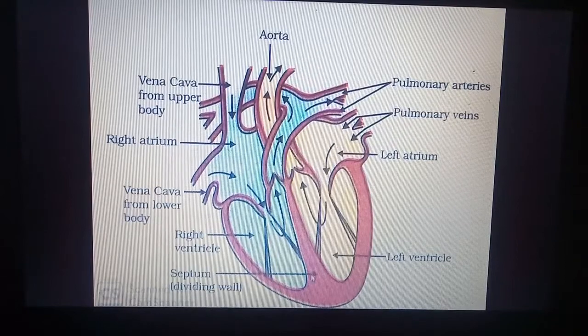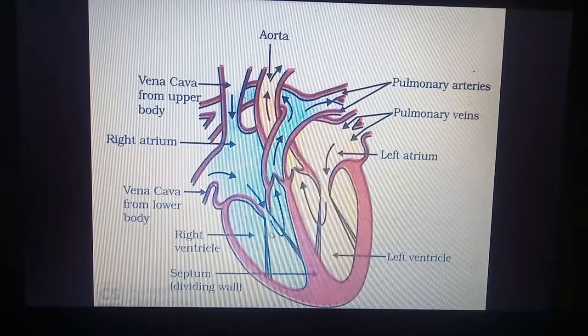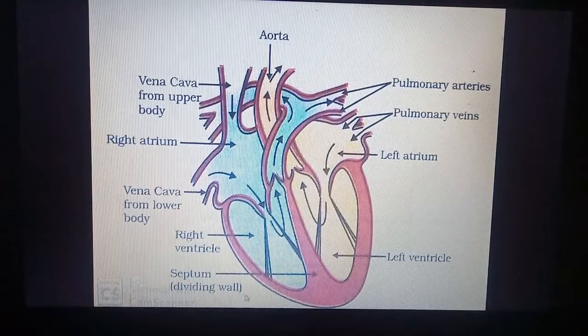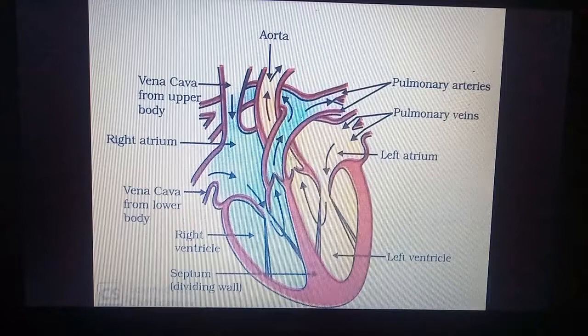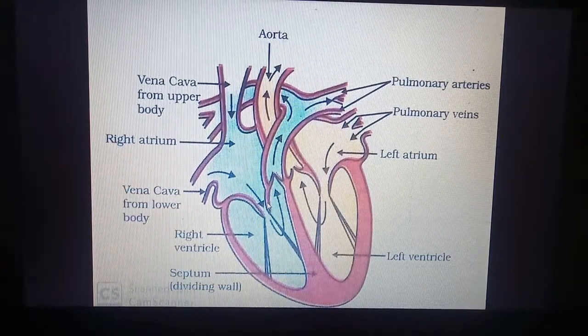So they must be more muscular, while when the blood moves down there is no need because the blood moves due to gravity. So these walls are thin, but in the ventricle the walls are thick because blood is pushed against gravity. Okay, so there are 4 main chambers and 2 types of valves. Now let us see the next part.